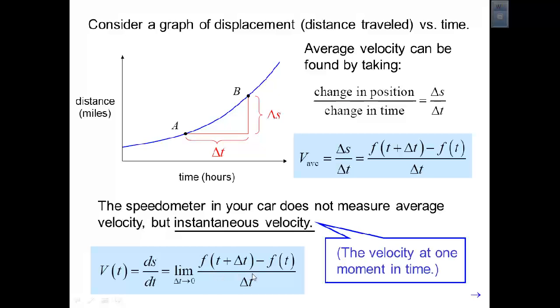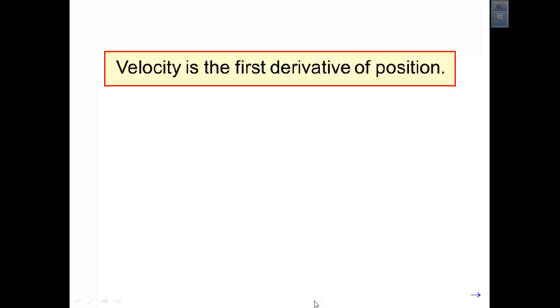Now, guys, this may look really complicated, but it's not. Hopefully it looks a little familiar, because if we change delta t to an h and t to an x, this is nothing more than what? The definition of the derivative. The limit as h approaches 0 of f of x plus h minus f of x all over h, which is the definition of the derivative.